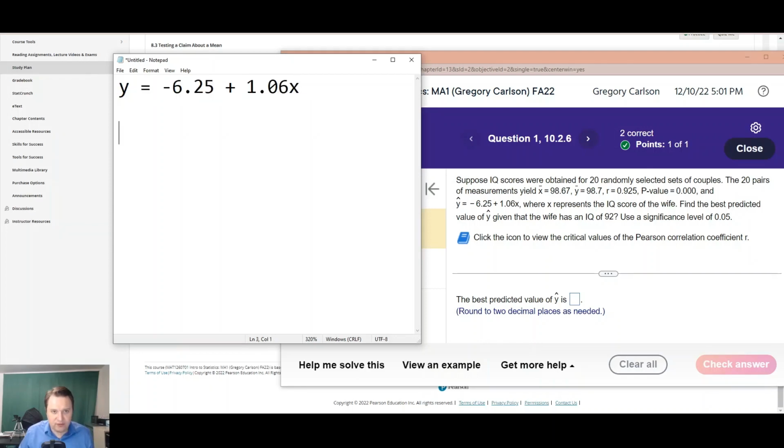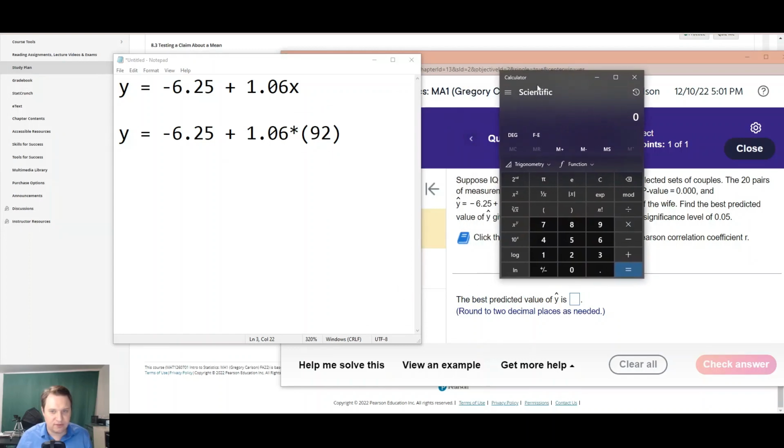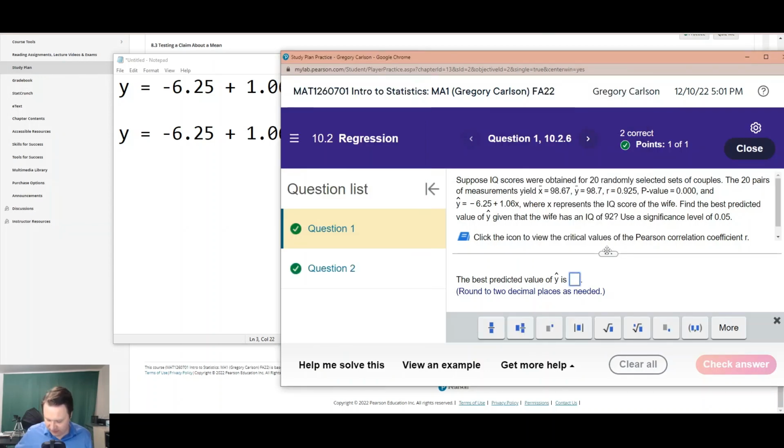So what we do is we just put in the number 92 here, and we just add this up. So grab your calculator. It's 1.06 times 92 minus 6.25, because we're adding a negative. And we get an answer of 91.27.